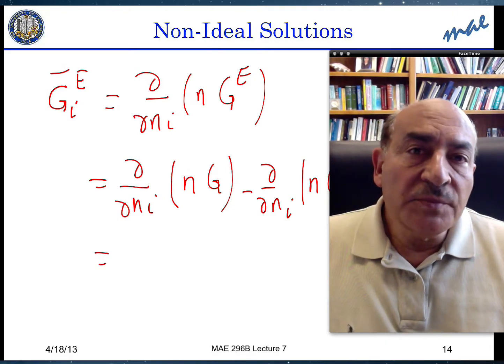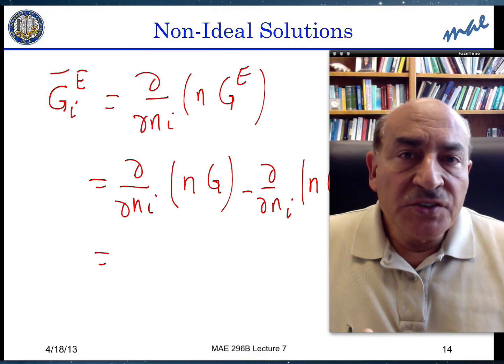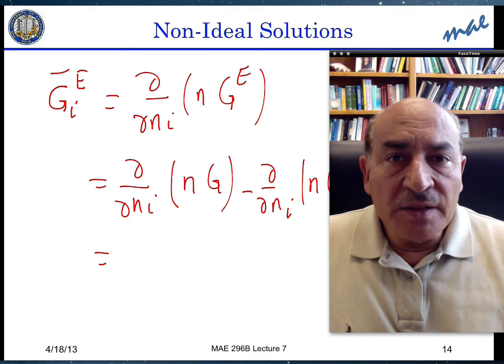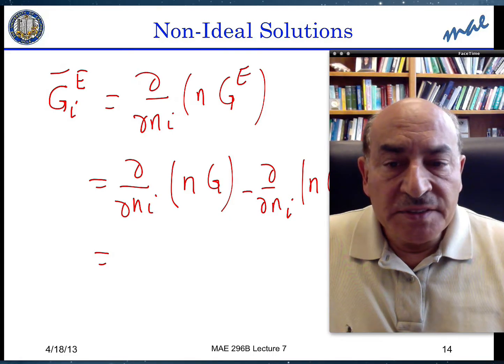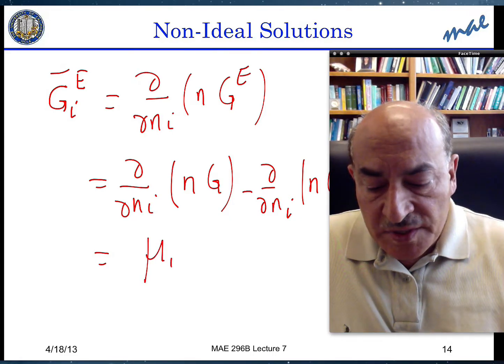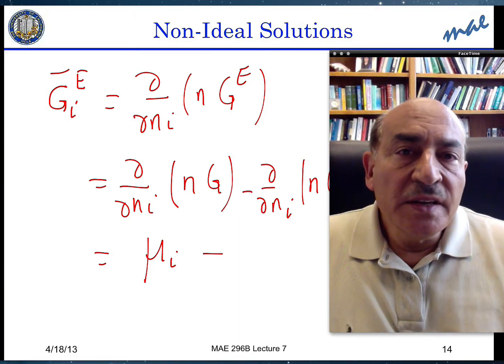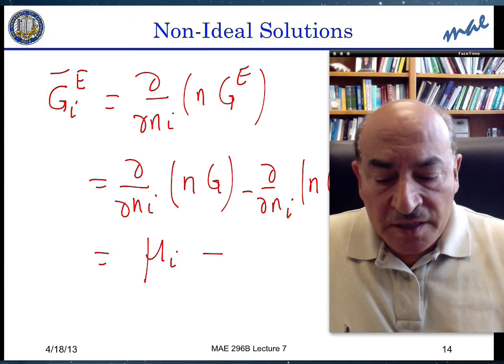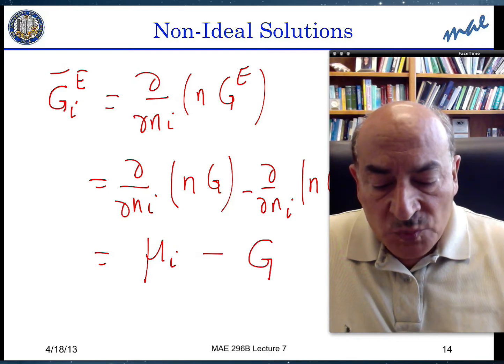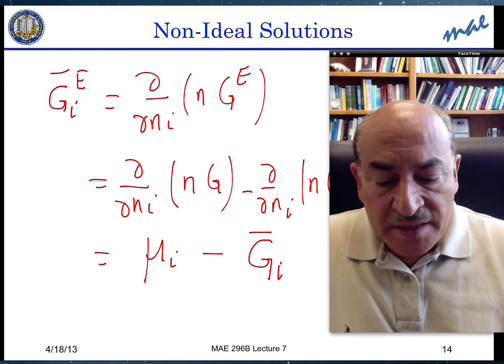Now the first term here is by definition the chemical potential of element I, so this would be mu sub I. The second term is by definition the partial molar property of element I, with a bar, but it is ideal.